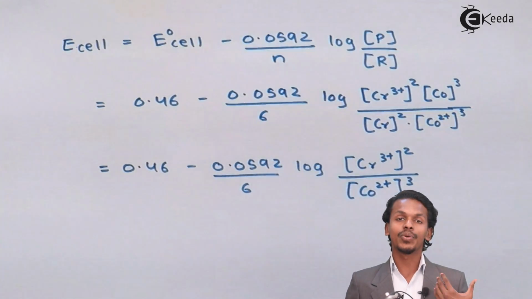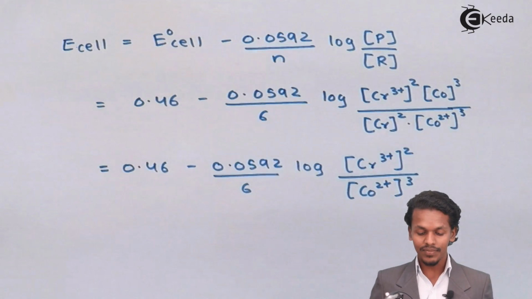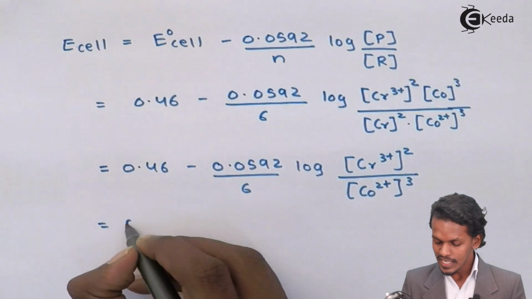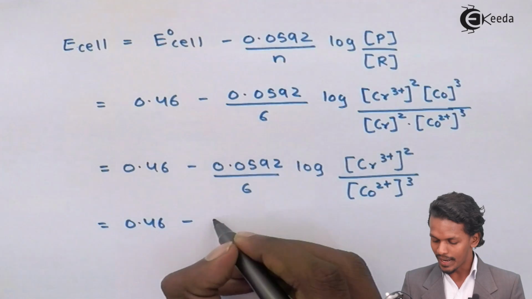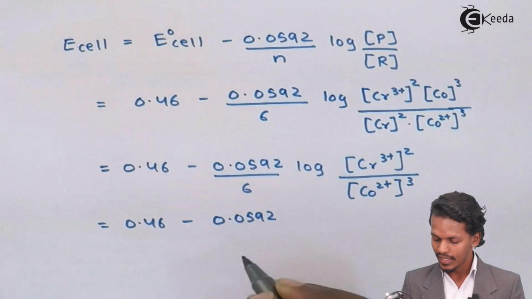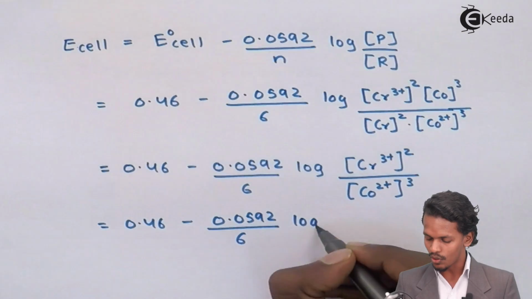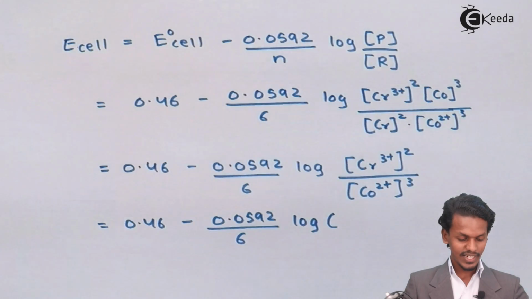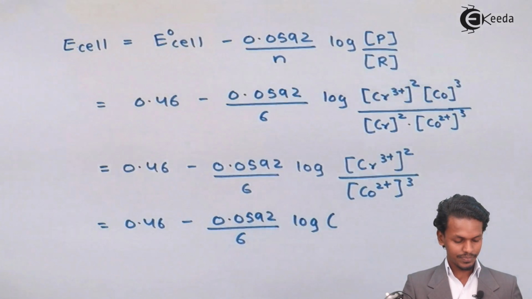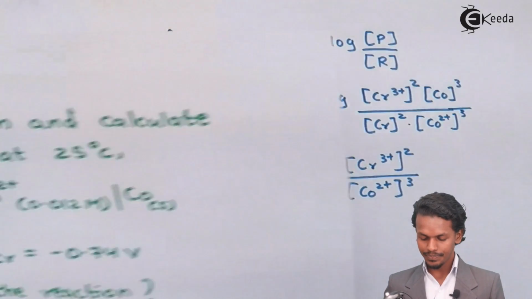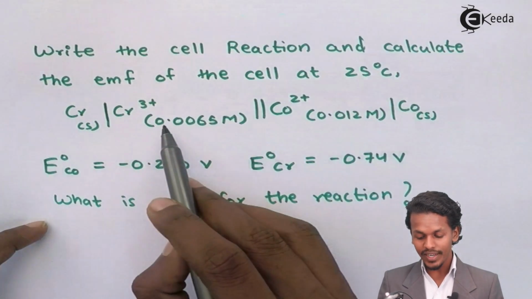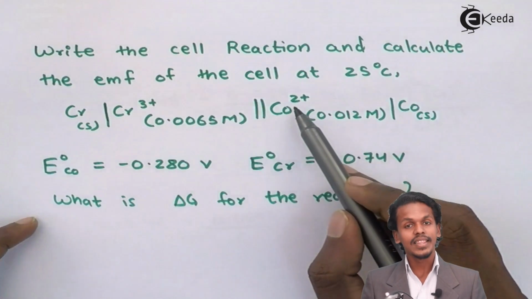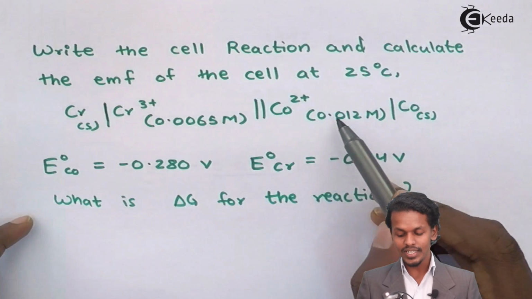Now I could easily substitute the value and evaluate the value of E cell. So we get 0.46 minus 0.0592 divided by 6 log to the base 10 of, for the concentration of Cr3 plus, the value provided in the question itself, which is 0.0065 molar, while that of the Co2 plus is 0.012 molar.